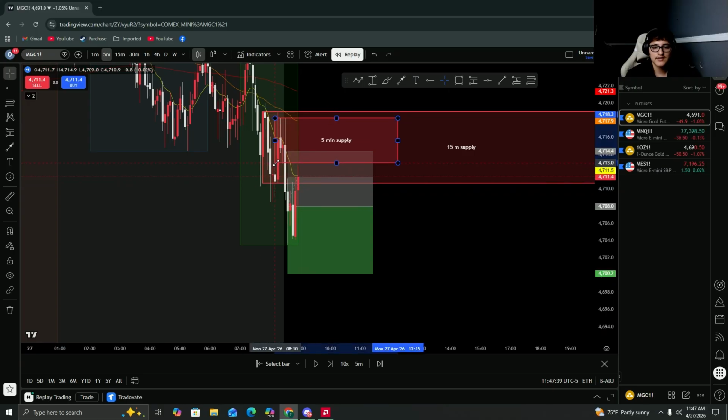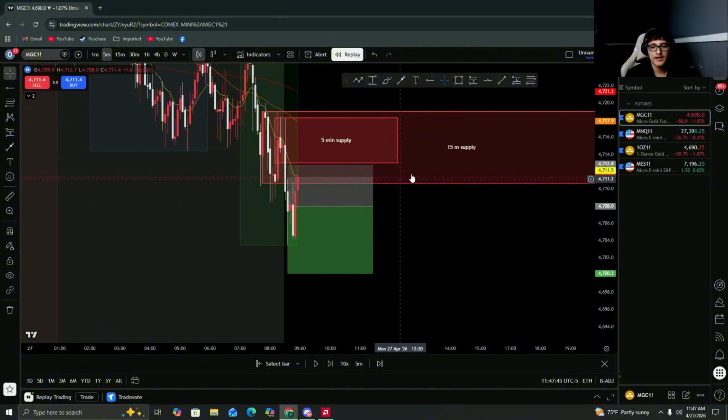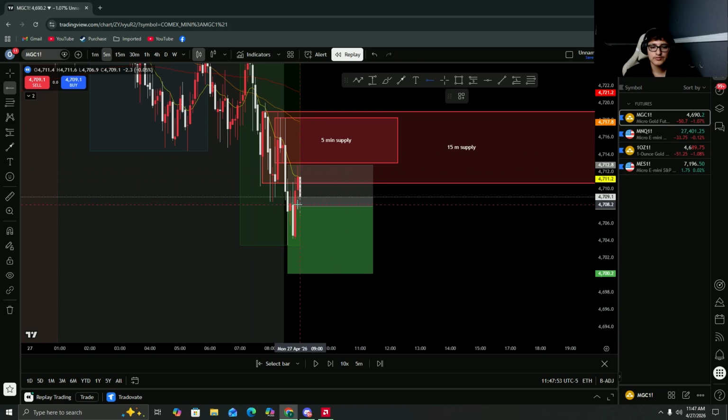I waited for this candle to get tapped into the 5 minute. It did not happen, so it started rejecting immediately. So I'm like, all right, I have a 15 minute and I have a 5 minute. I'm gonna go off the 15 minute, which it did end up going, and so it did break the candle of 8:55.